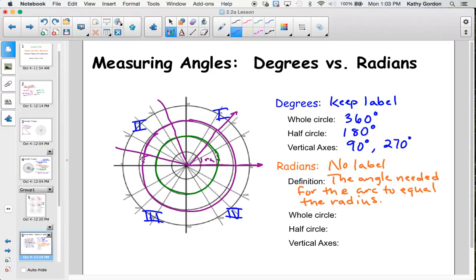And then we go just a little bit beyond that. A little bit beyond that gives me halfway. But if I want to go all the way around, keep going. Right about there's 4 radians. Right about there's 5 radians. Right about there is going to be 6, and then I've got a bit more.